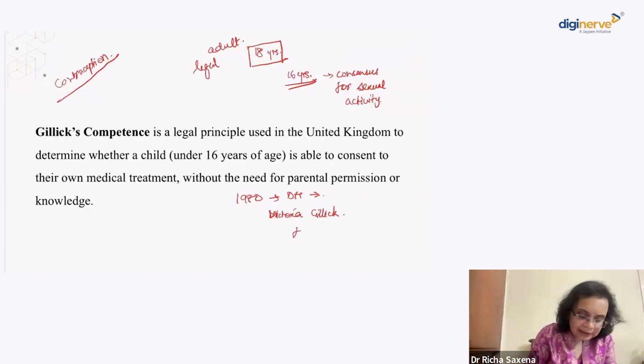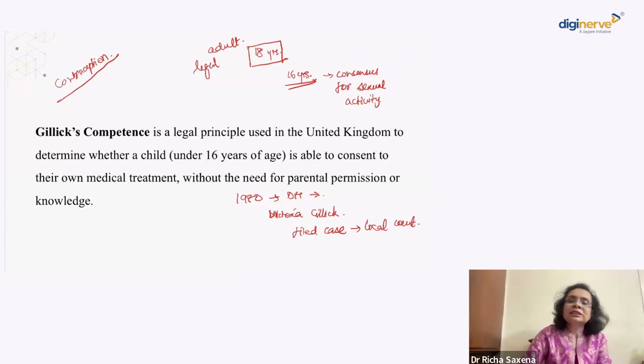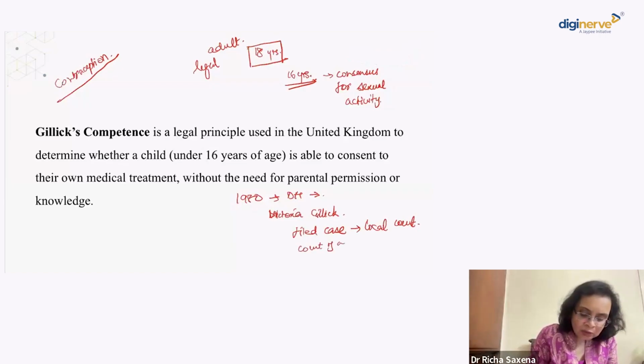So she filed a case with the local court, and the local court took the decision in favor of the Department of Health. So she then went to the Court of Appeals, and the Court of Appeals took the decision in her favor.